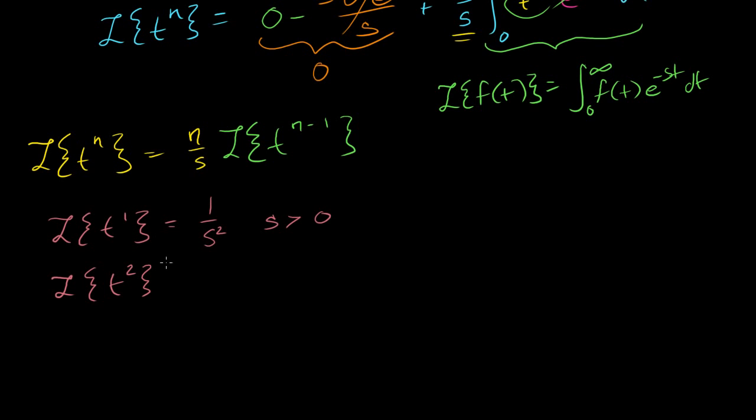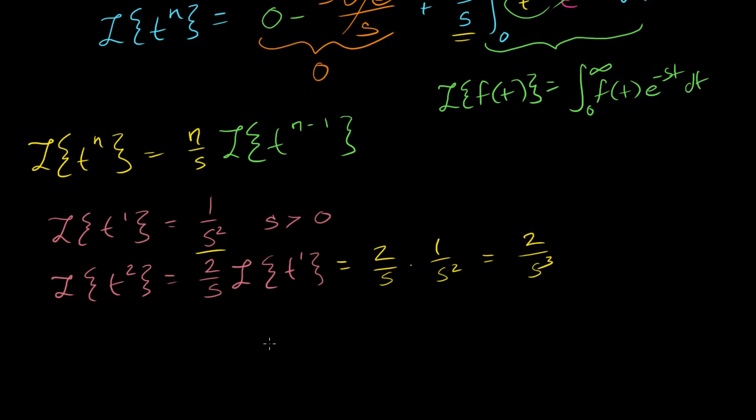The Laplace transform of t squared is equal to 2 over s times the Laplace transform of just t to the 1, right? 2 minus 1. Well, t, we know what that is. This is equal to 2 over s times 1 over s squared, which is equal to 2 over s to the third. Interesting.